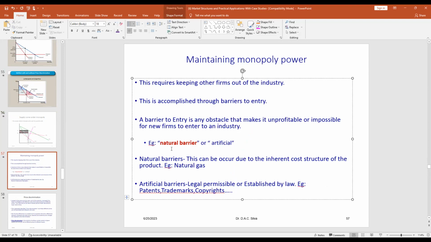If there is an artificial barrier sometimes, example, patents, laws, that can create the artificial barrier. Patents, example, some product you can't provide to the industry because it is given to one particular company, trademarks.